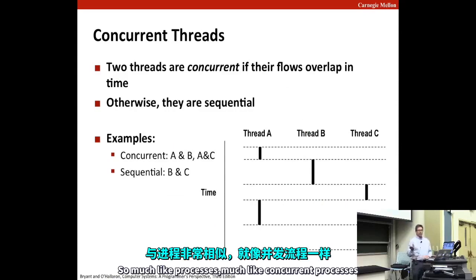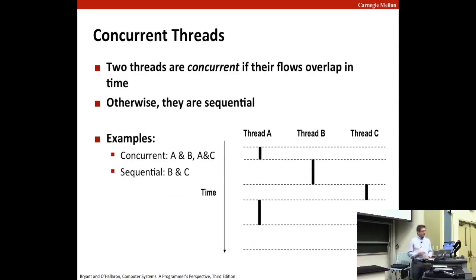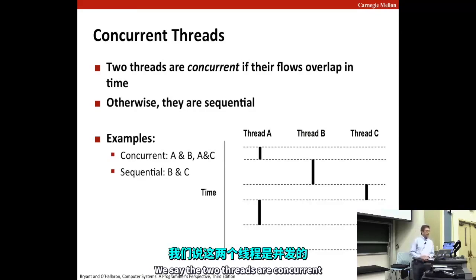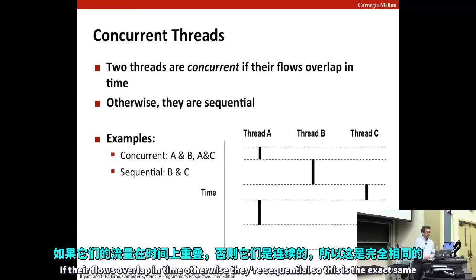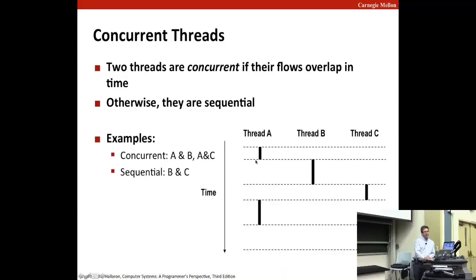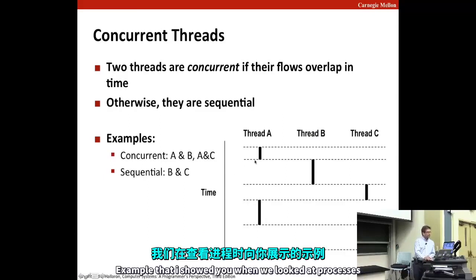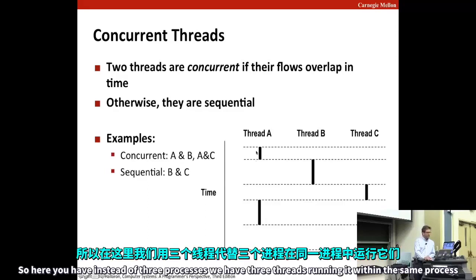So much like concurrent processes, we say that two threads are concurrent if their flows overlap in time, otherwise they're sequential. This is the exact same example that I showed you when we looked at processes. Here, instead of 3 processes, we have 3 threads running within the same process.